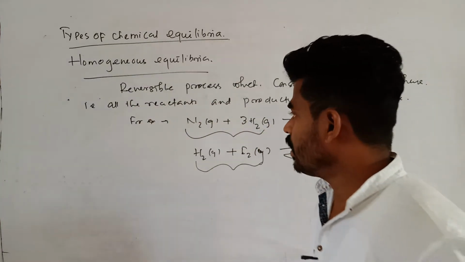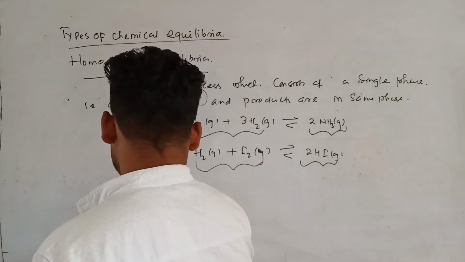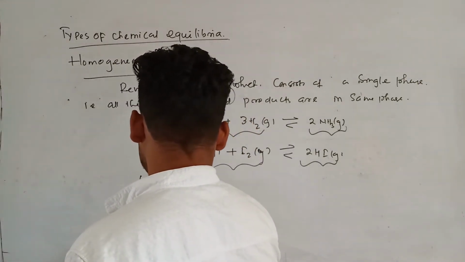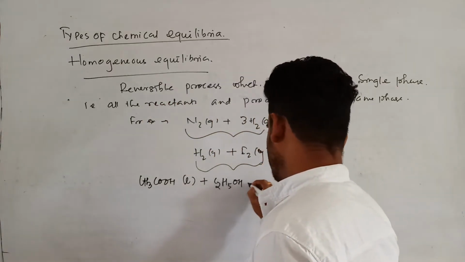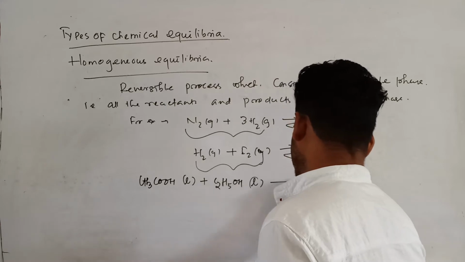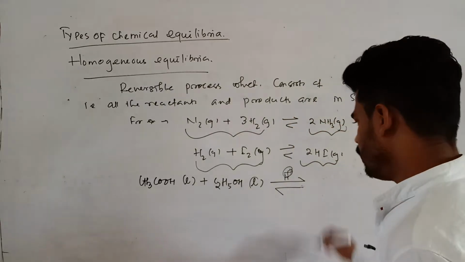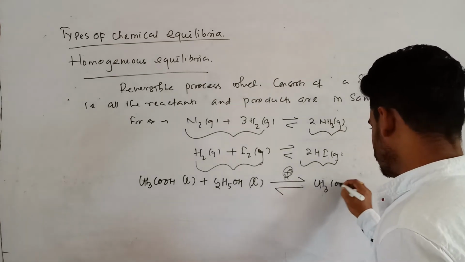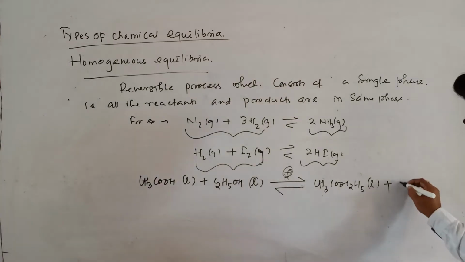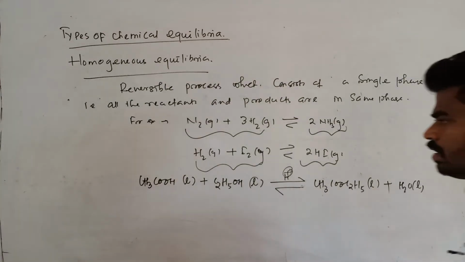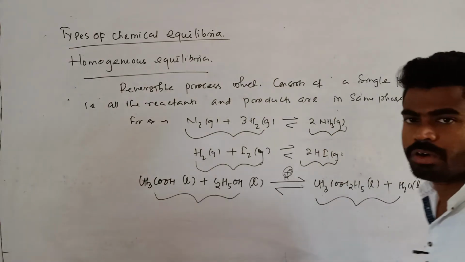Next, if I consider esterification, that is acetic acid, also a liquid, reacts with ethyl alcohol, this one also a liquid, slightly acidic condition is required. It will give you ethyl acetate ester plus water. All the reactants as well as products are present in the form of liquid.